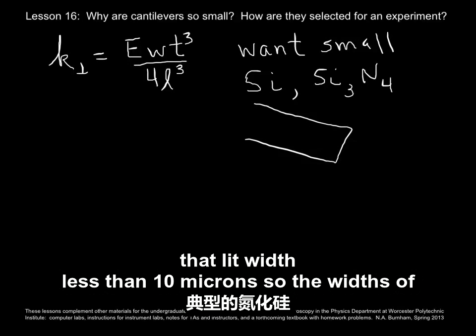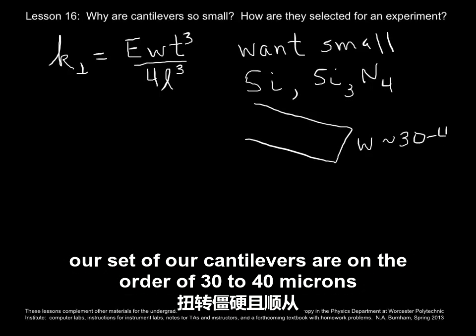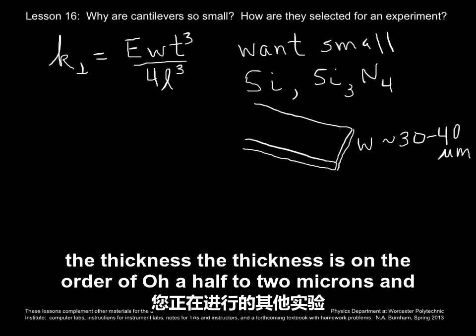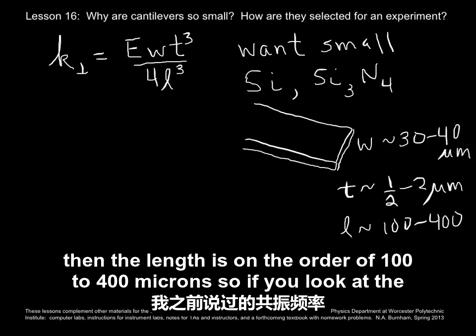So the widths of our cantilevers are on the order of 30 to 40 microns. The thickness is on the order of a half to 2 microns. And then the length is on the order of 100 to 400 microns.